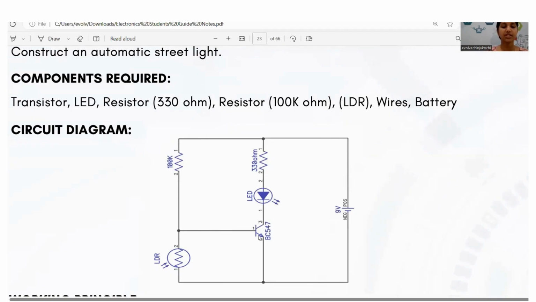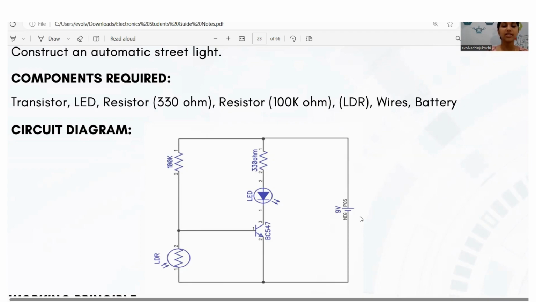This represents the transistor, which has three legs: emitter, base, and collector. And here this represents an LDR. LDR is a resistor which varies its value according to light. So here we are using two arrows towards the LDR, and a 9-volt battery is also used here.